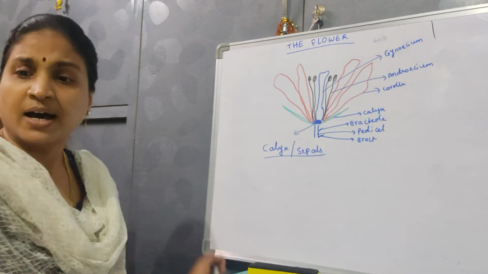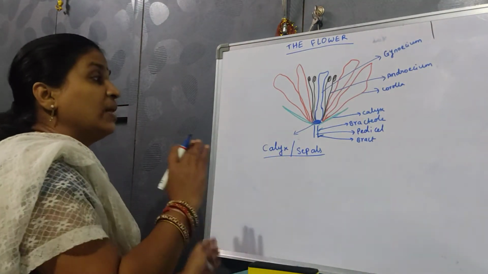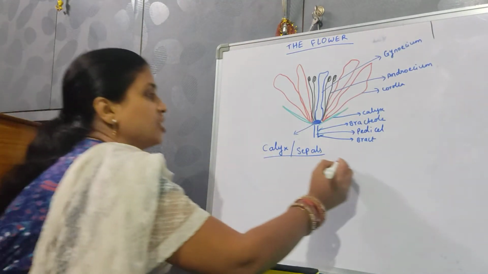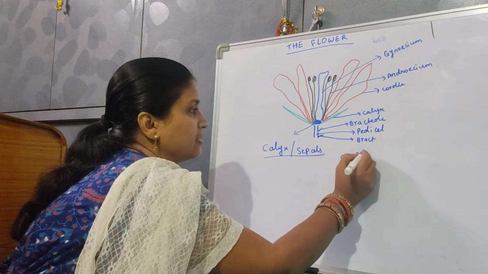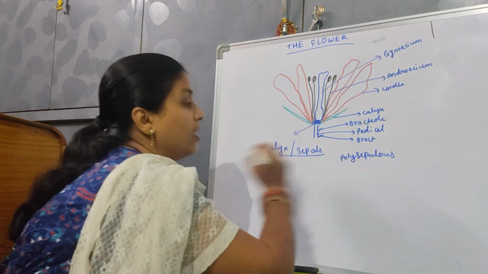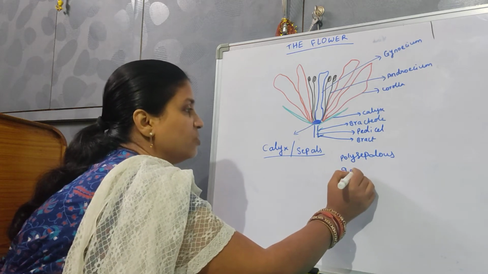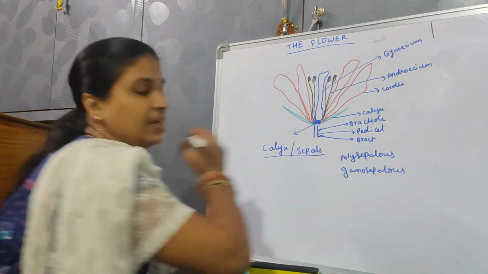These sepals are green leaf-like structures. When these sepals are free, such type of sepals are called polysepalous. When they are fused, joined together, they are called gamosepalous. Calyx.